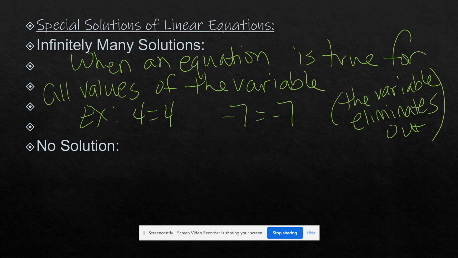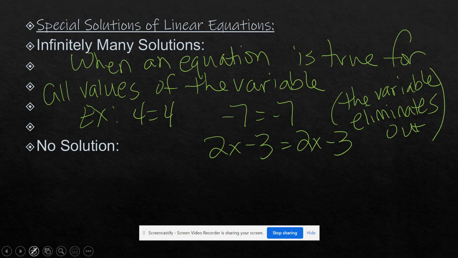The other thing that you could notice is maybe as you're starting to simplify, you get 2x minus 3 equals 2x minus 3, where you have the exact same equation on both sides. Any of these are examples of when your answer would be infinitely many solutions.